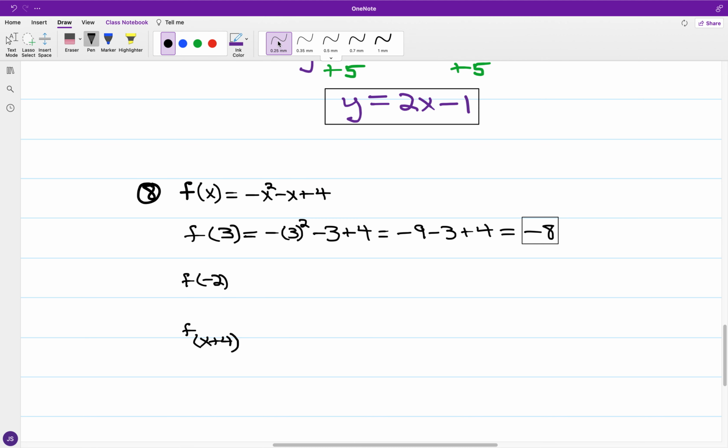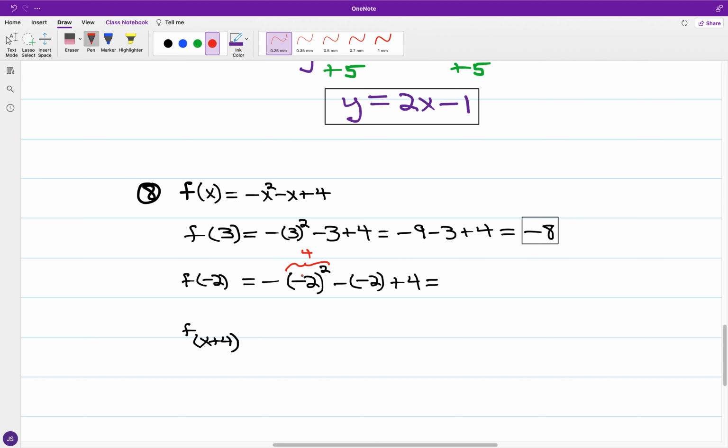For f of negative 2, again, we have the negative of the square of negative 2, and we have minus negative 2, followed by the addition of 4. Now, negative 2 squared is 4.